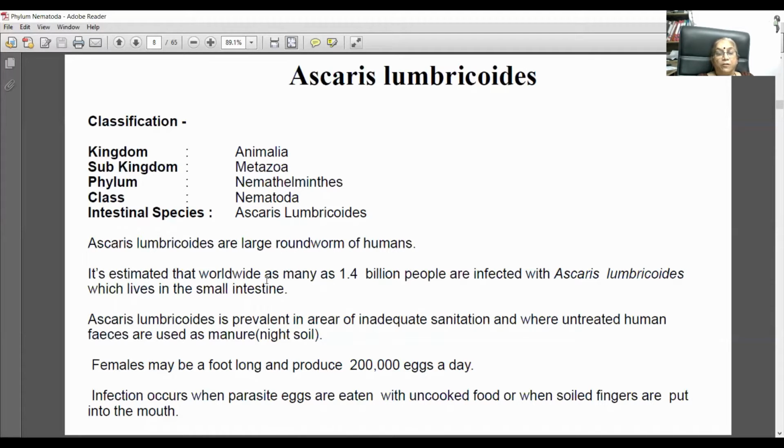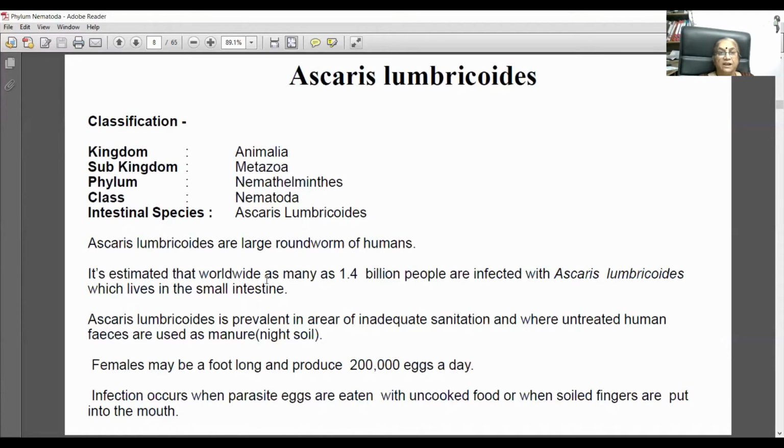One of the important characters of this small roundworm is that the female worm produces around 2 lakh eggs per day. This is the distinguishing character of this particular roundworm.